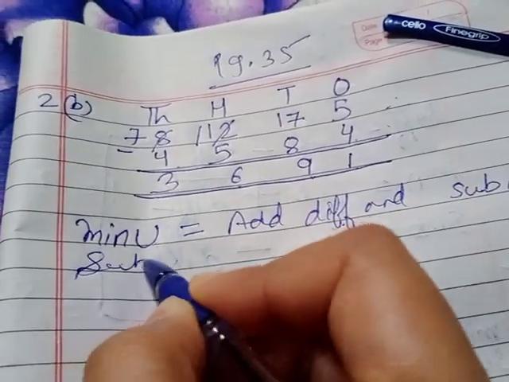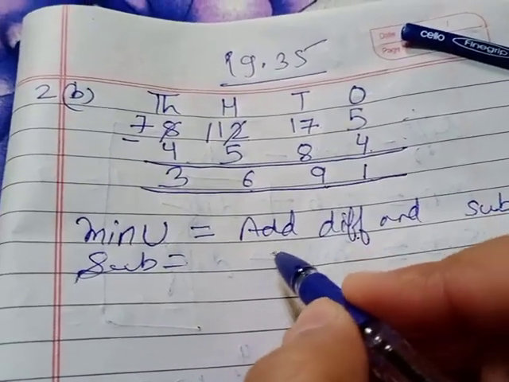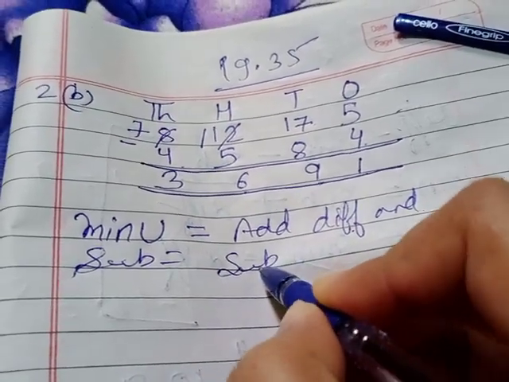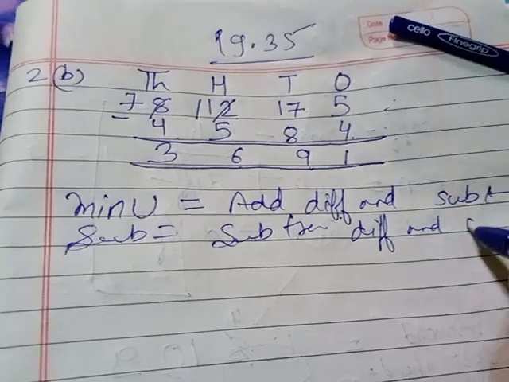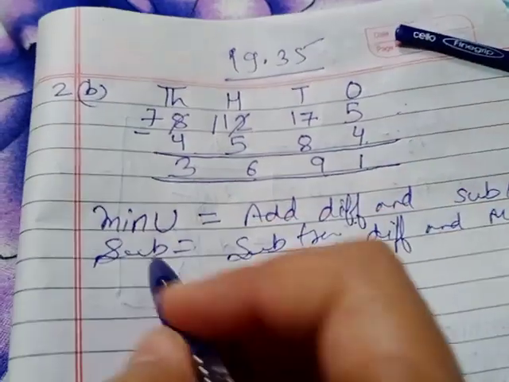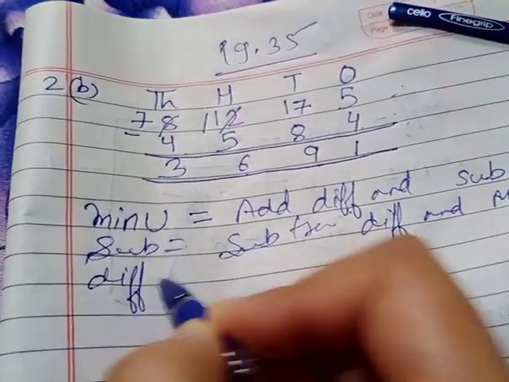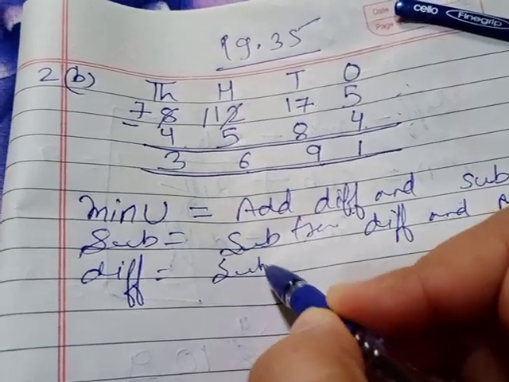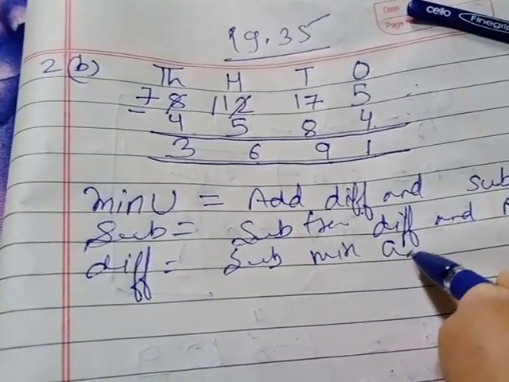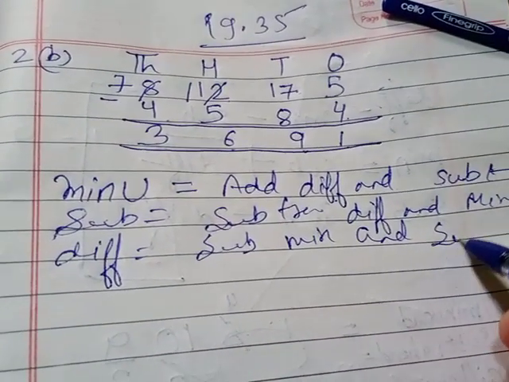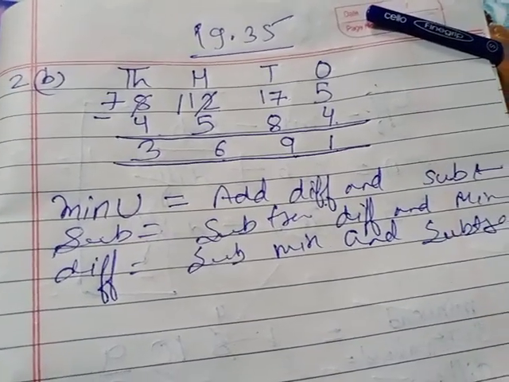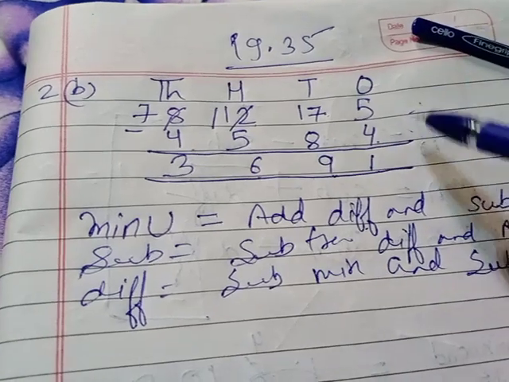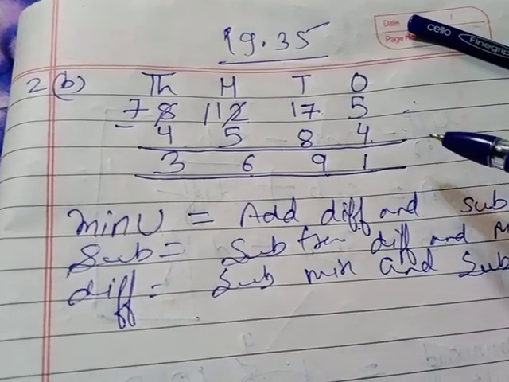When we have to find the subtractand, then you will subtract the difference and minuend. Okay? And when we have to find the difference, then we will subtract the minuend and subtractand. These 3 points you have to keep in mind. Okay? So this question 2B you can complete in your textbooks.